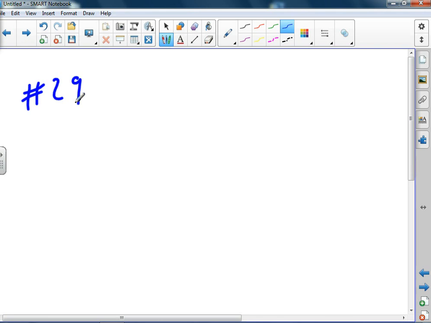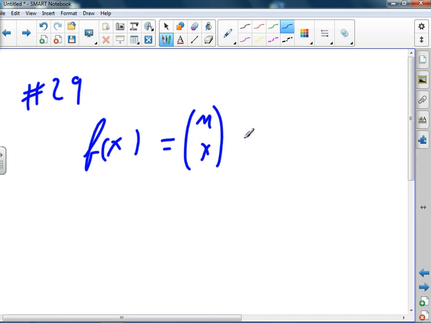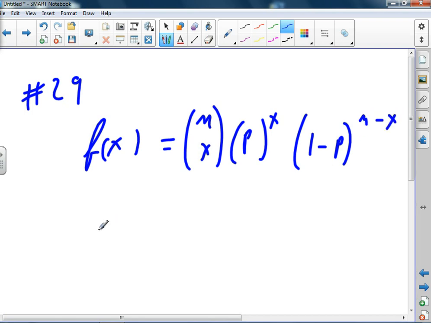Okay, so our probability function is the number of items taken some number at a time times the probability raised to how many, times 1 minus that probability raised to the remaining number.